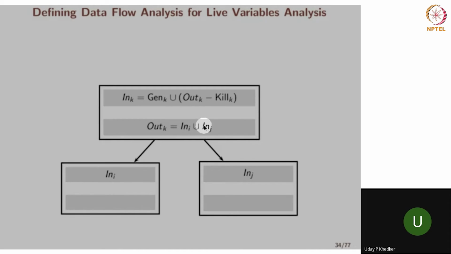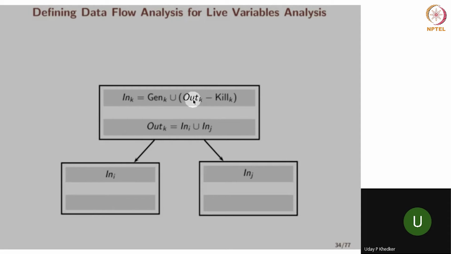Having determined the variables that are live at the exit of a basic block, now we want to find out the variables that are live at the entry of the basic block, and this is easy. This is easy because for some of the variables live at the exit, their liveness is killed, so we remove them from out k.